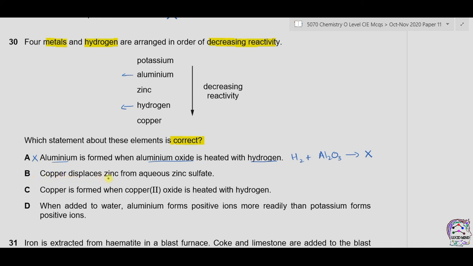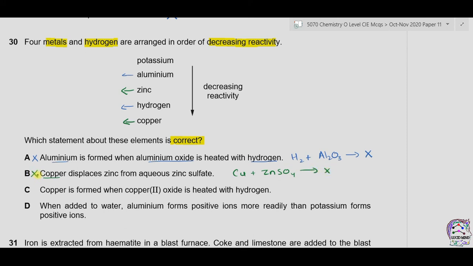B. Copper displaces zinc from aqueous zinc sulfate. Again we can see that copper is lower in the reactivity series than zinc, so therefore copper is unable to displace zinc from zinc sulfate. The reaction will not occur.